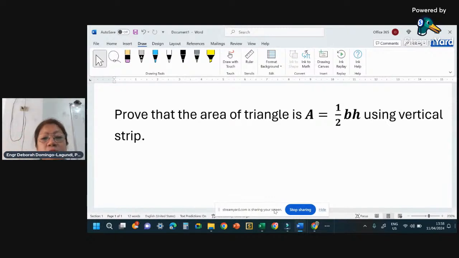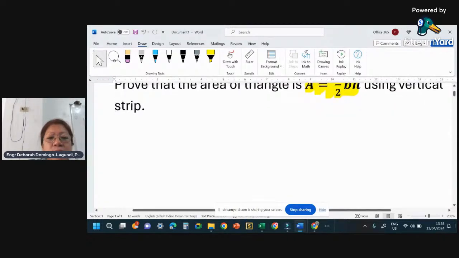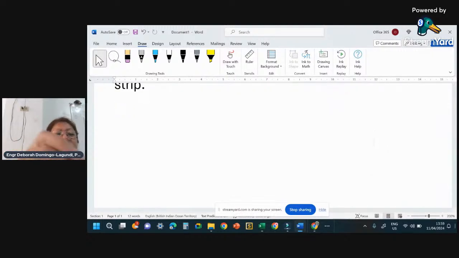So the one that I'm going to discuss with you today is proving that the area of a triangle is 1/2 base times height using a vertical strip. Okay, what is this all about? Proving the area of a triangle is 1/2 BH using a vertical strip.